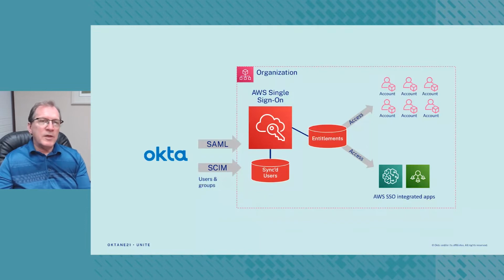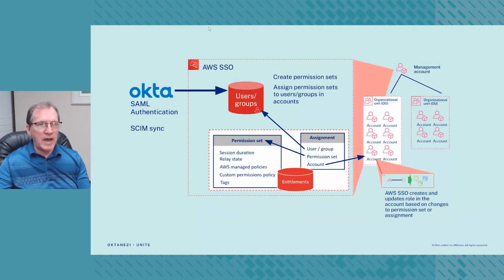Now, one of the other things that's important to understand is how AWS SSO differs from our older individual account model. So I'm going to go into another view here to show you a little bit about the internals of how AWS SSO works. First, rather than federating to every AWS account separately, you federate to AWS SSO at one point.